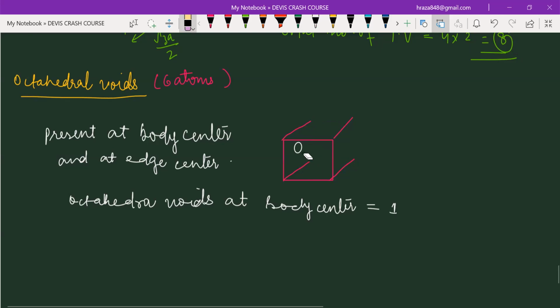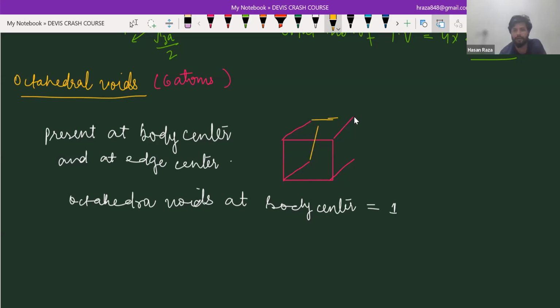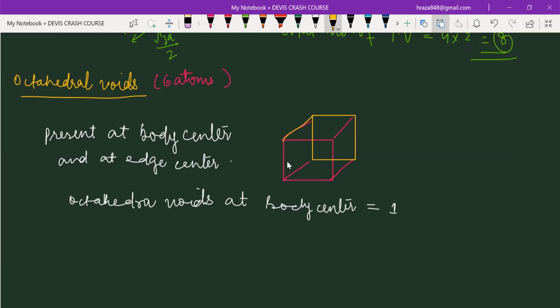Now see, edge center. We are talking about edge center, which is very easy. Can you tell me how many edges are present in a cube? 12.